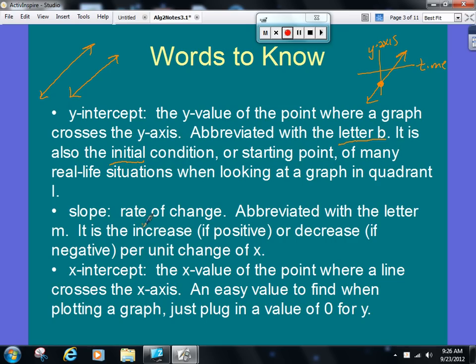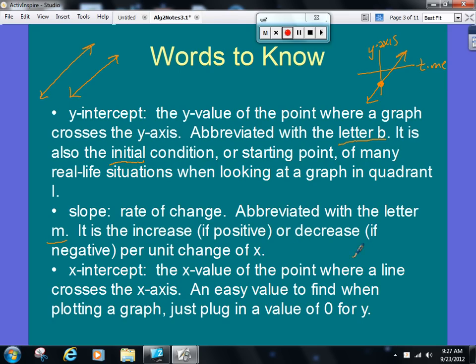It's the rate of change. It's the steepness of the line. We abbreviate it with the letter m. I think you know this. And it is the increase or decrease per unit. We touched on that last chapter whenever we were saying from this speed to this speed, the rate of increase was this, okay? Very much related to the rate of change we talked about with direct variation.